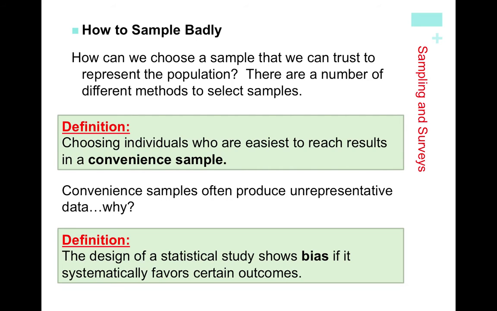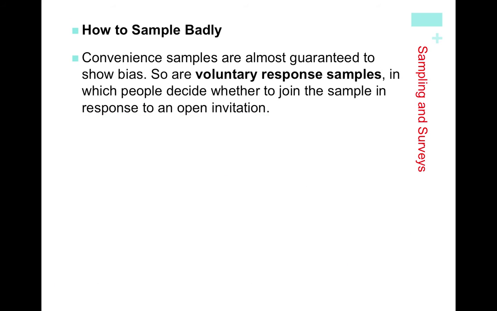Your inference about the population would be that it's probably higher than what the true hours of homework would be. Okay. So convenience samples are almost guaranteed to show bias.